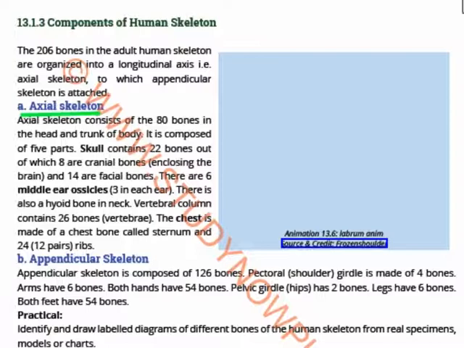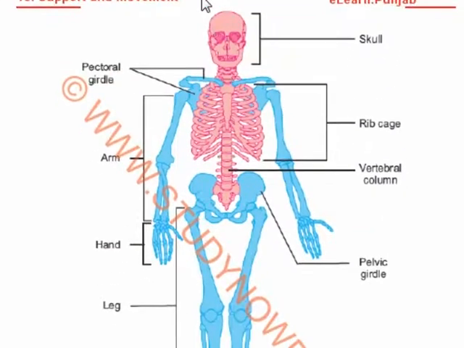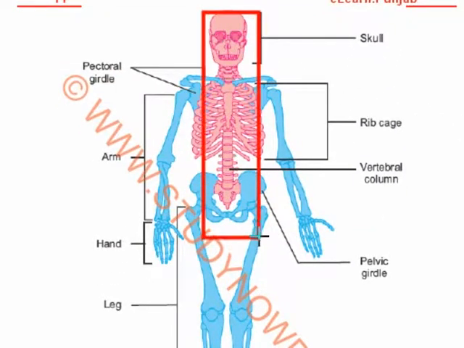Now see, if you look carefully, this is your axial skeleton, the pink one. Why? Because this is the axis, and all the parts of the skeleton are related and attached to this axis.